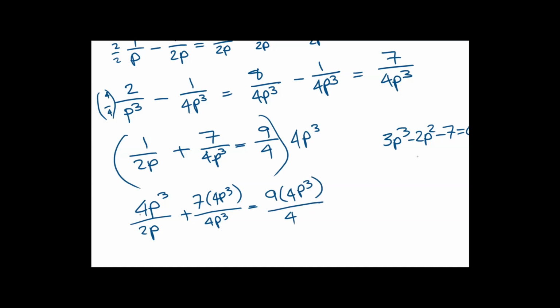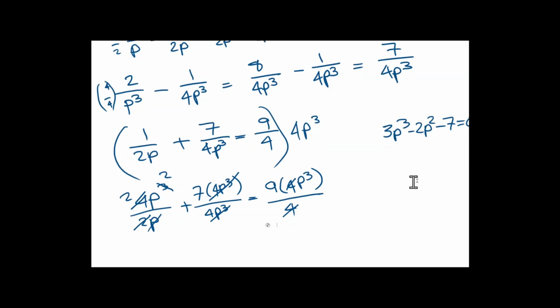For this, the 4p cubed over 2p is going to go to 2p squared. The 4s cancel because it's 9 times 4 times p cubed over 4.